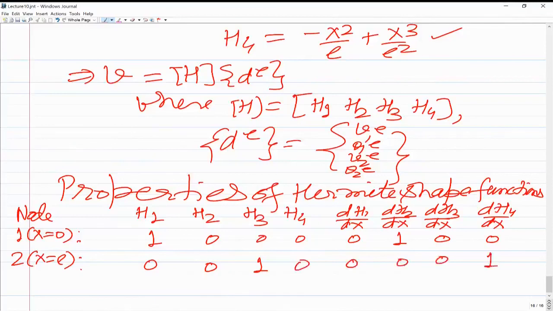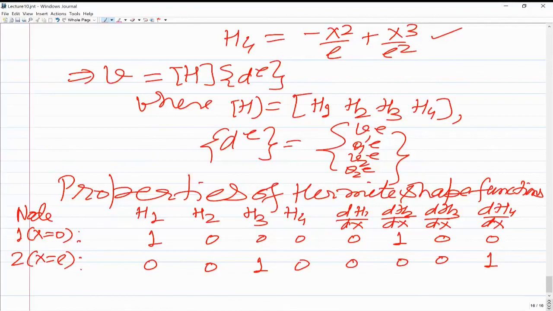So you see h1 is unity at node 1 and h3 is unity at node 2. dh2 by dx is unity at node 1, and dh4 by dx is unity at node number 2. This is one thing you would notice. Why is it so? Because when we have v equal to H into d and we put x equal to 0, that must give us v1, so h1 should be unity and the rest should be 0.